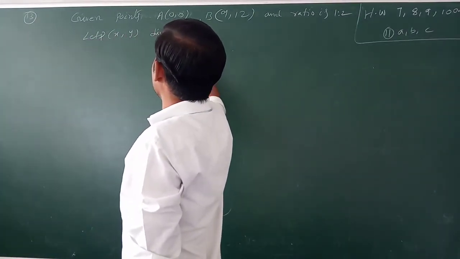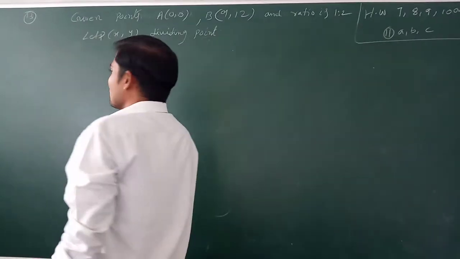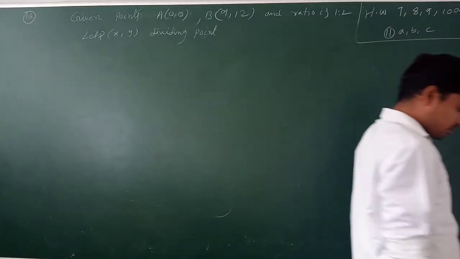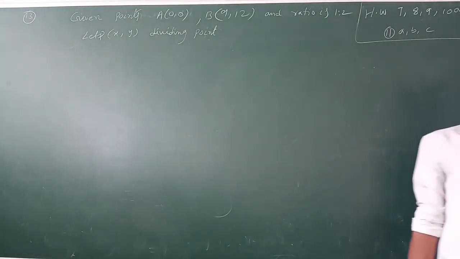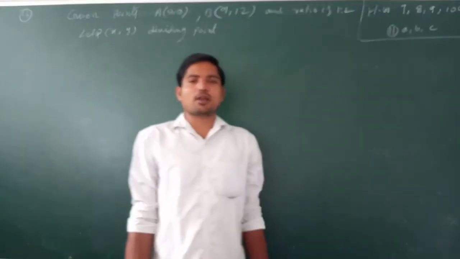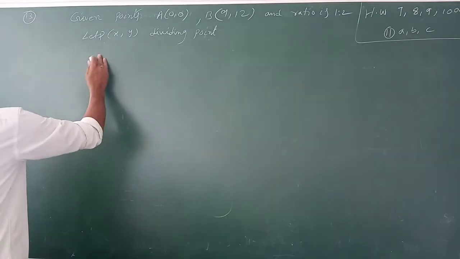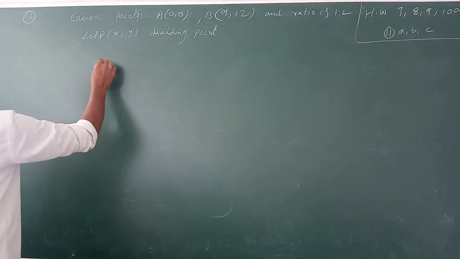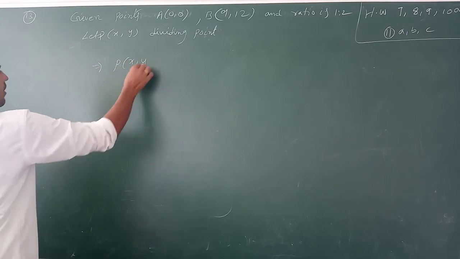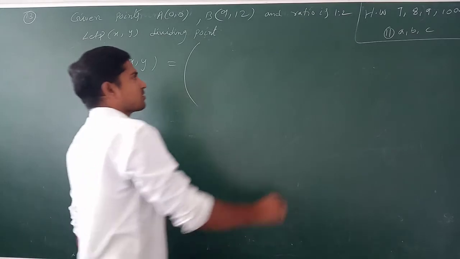So the formula is (mx2 plus nx1 by m plus n, my2 plus ny1 by m plus n). That implies P (x, y) equal to this.